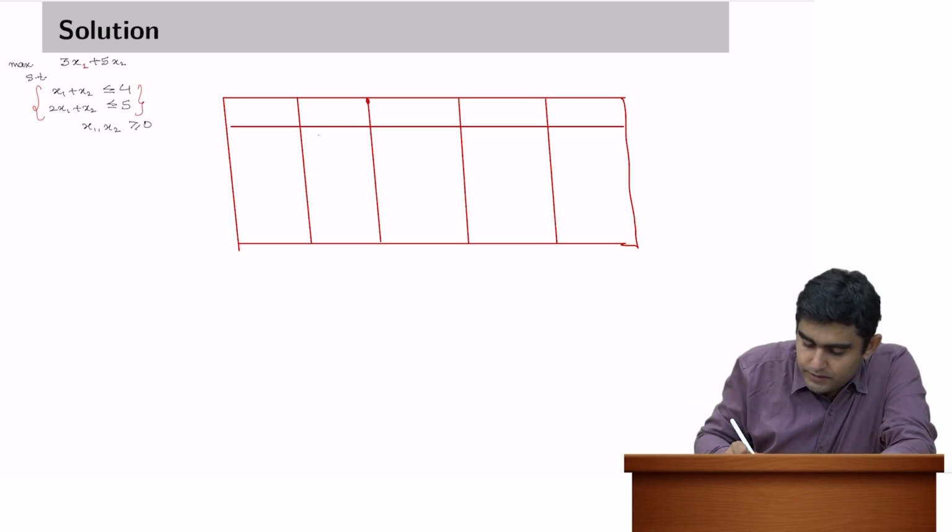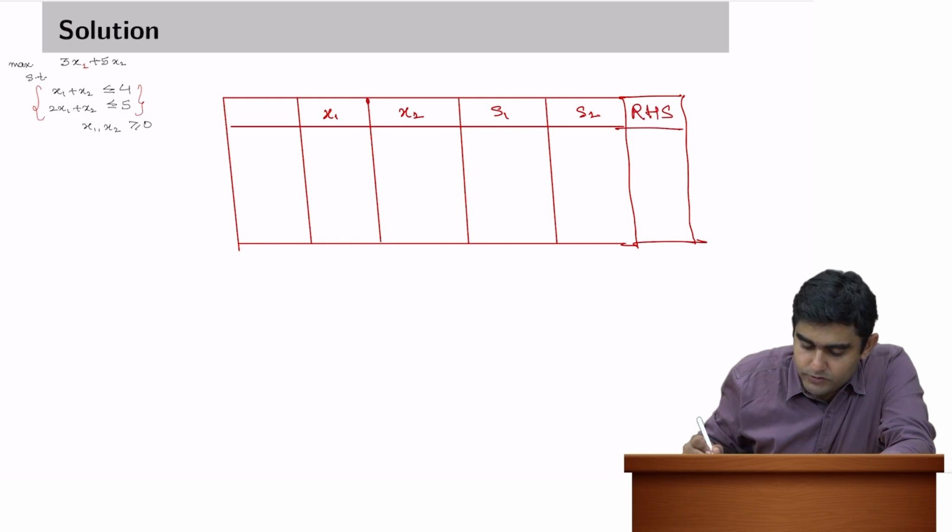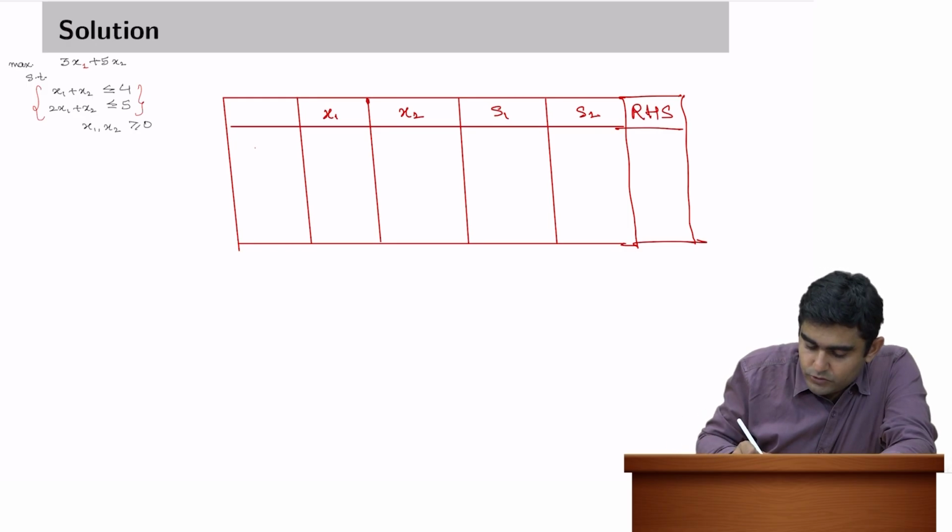So here I am going to have the variables x1, x2, s1, s2, and here the right hand side values. This is for basic variables, and the first basic variable I introduce is s1 and the second is s2.